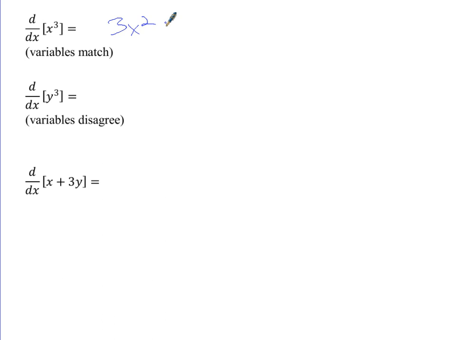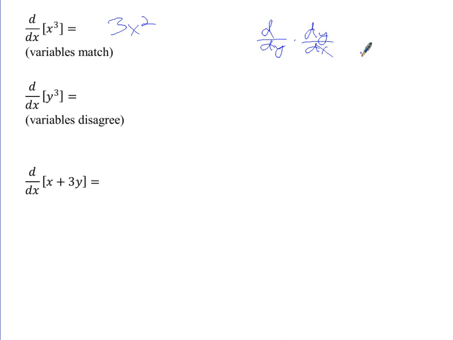For the second one, I'm taking the derivative with respect to x of y to the third. Do my variables agree there? No, they don't. So that means I need to differentiate implicitly, okay? To do that, I need to rewrite this as, remember that the chain rule applies here, d over dy times dy over dx.